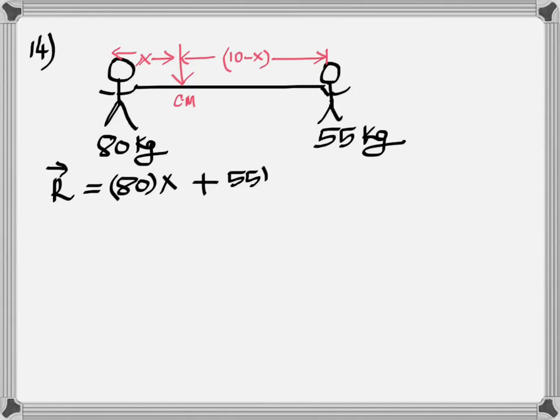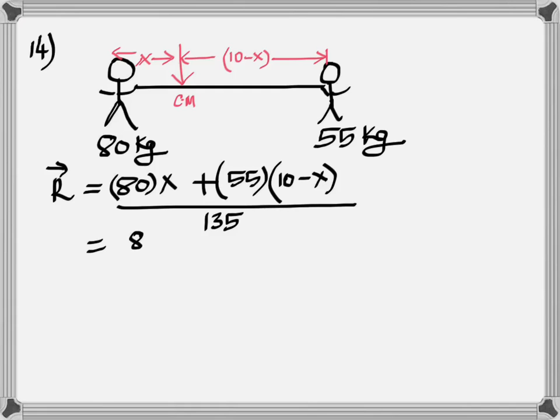Therefore, R is 80 times x. That's because we've set up the origin at the position of the man. So all distances are measured from the position of the man.